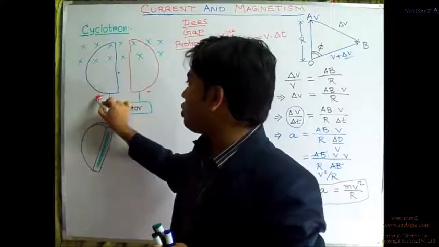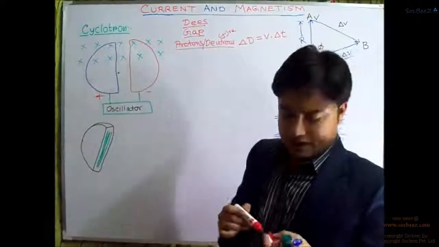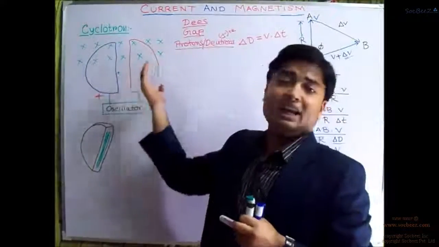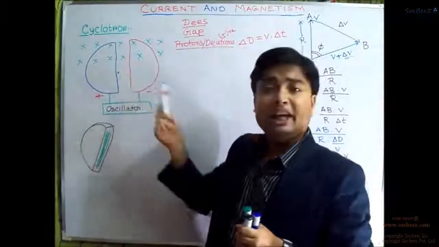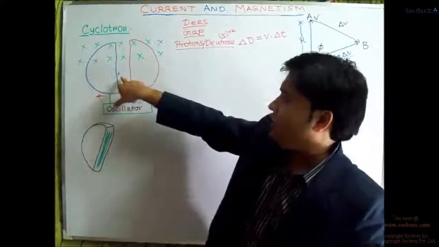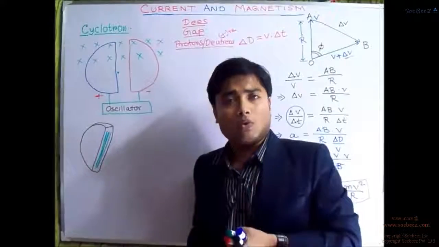So this proton, being a positively charged particle, would be attracted towards the negative side or the negative D, right? The initial velocity of the proton was basically zero.